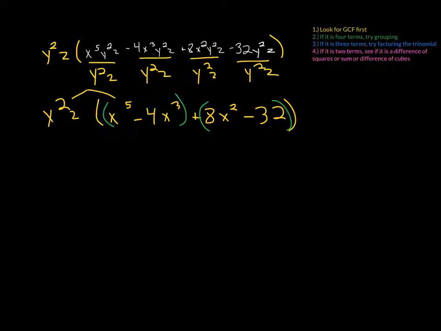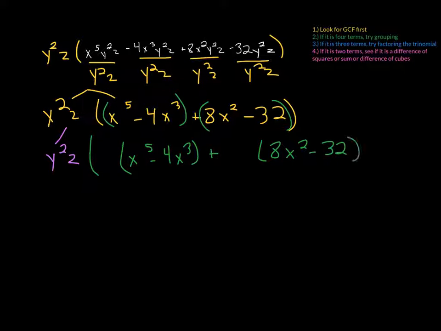So let's bring this common factor down so we don't forget about it, because it's still part of my answer. And then let's write these groups, leaving space for the common factor of each group. In this first group, I can take out an x cubed.